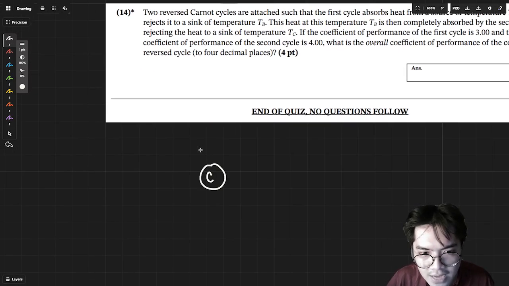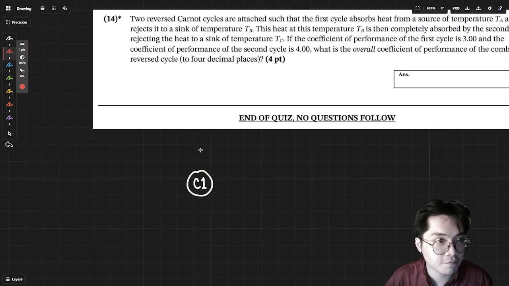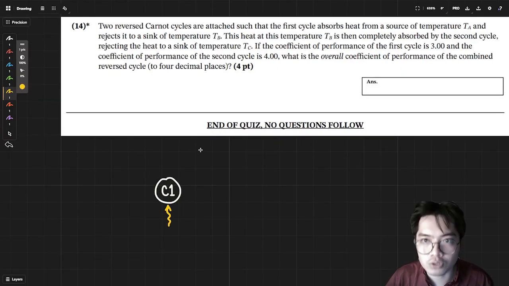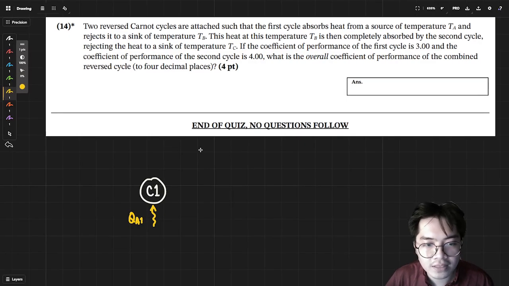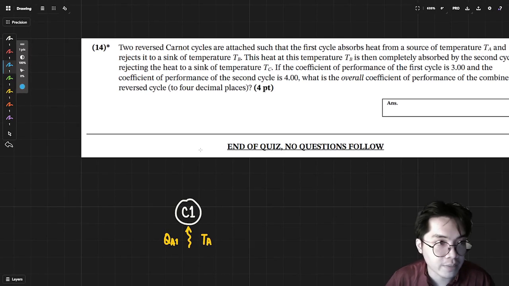Let's label it cycle 1, the first cycle. They say that this is supposed to absorb heat, let's say this is your QA1, and it absorbs it at a temperature of TA. And then it rejects it to a sink of temperature TB.